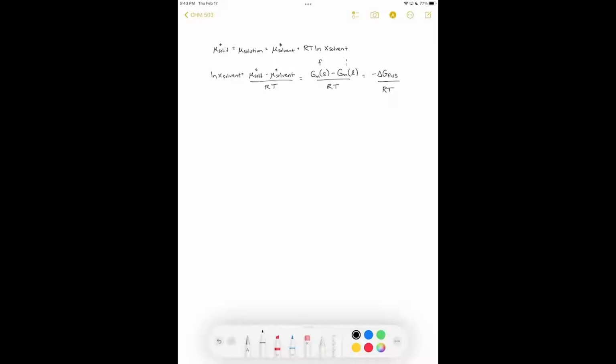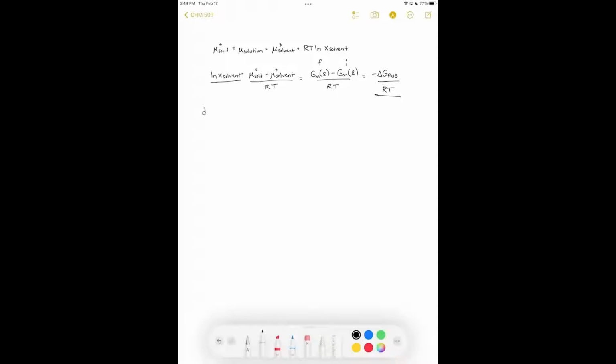What we're going to do now is try to figure out how this changes as a function of temperature. And to do that, we're going to take a derivative of this based on the mole fraction. So we'll go ahead and take a derivative of this equation, so this side and this side of the equation, based on the mole fraction.